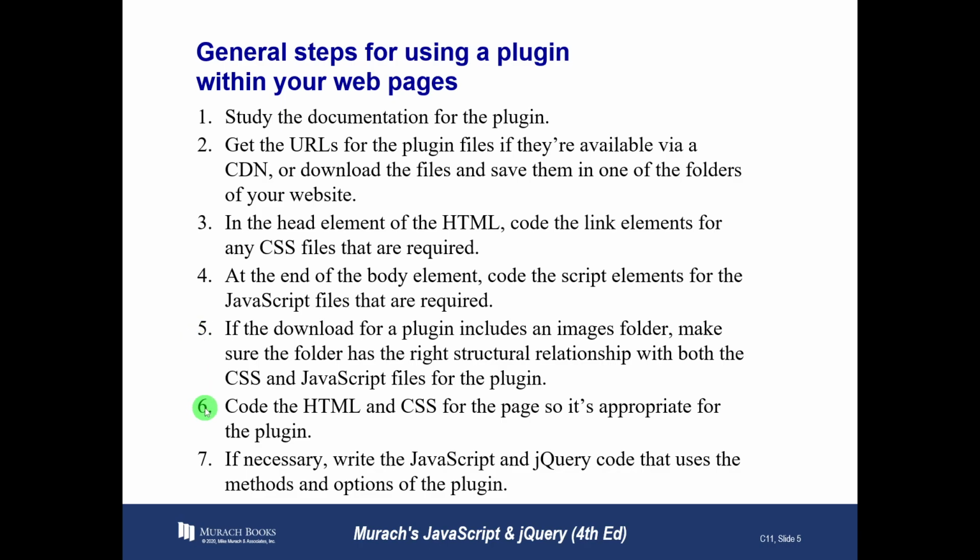So follow their example, code your HTML and CSS, and then if necessary, write the JavaScript and jQuery code that use the methods and options for the plugin. Again, you can get those from the examples that are usually included on the page.